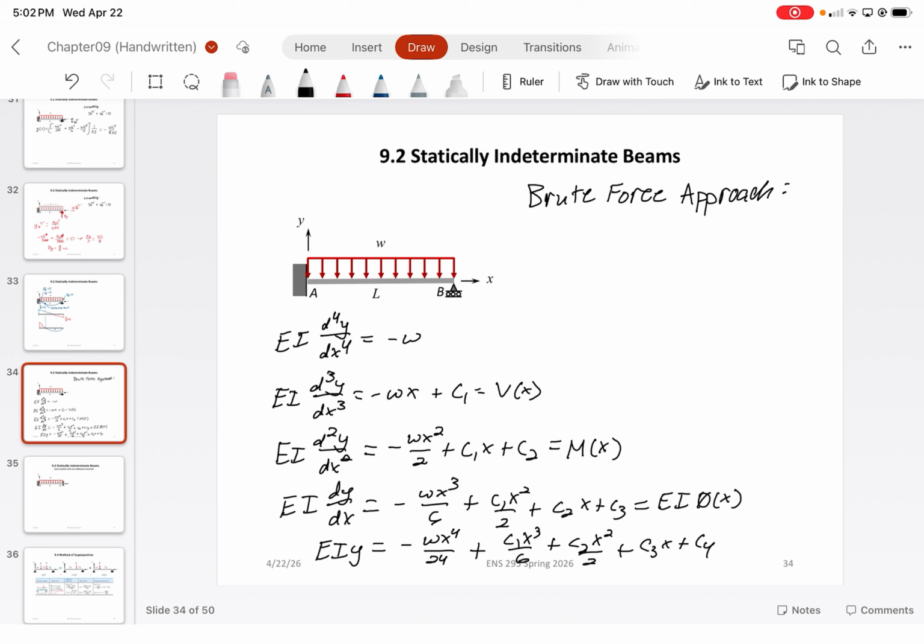Now, we have 4 unknowns, C1, C2, C3, and C4, but we can solve for all of them knowing the constraints of the problem. So, let's take a look at this. What do you guys think some of the constraints are that would be enforced based on the reactions that we've got? Any guesses? Any thoughts?